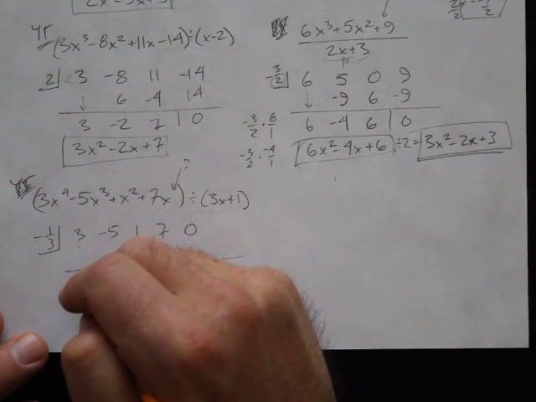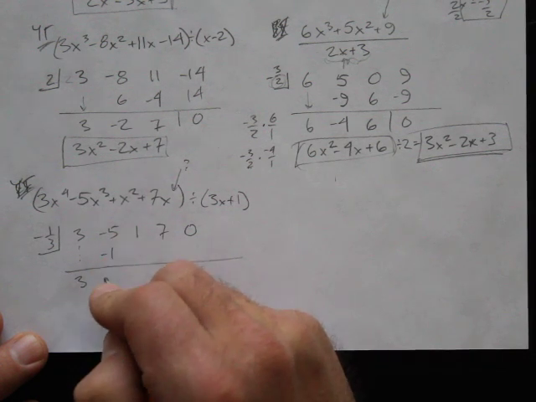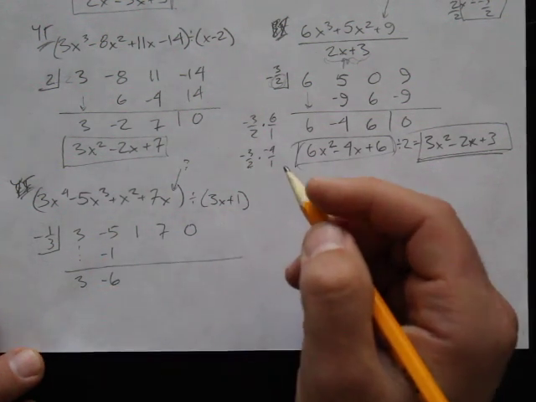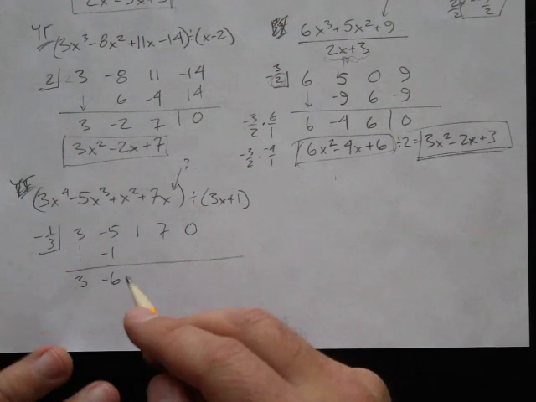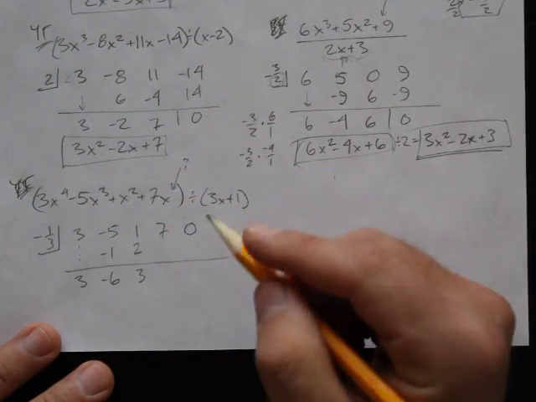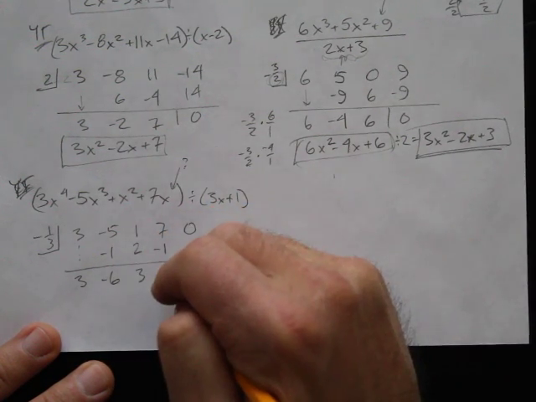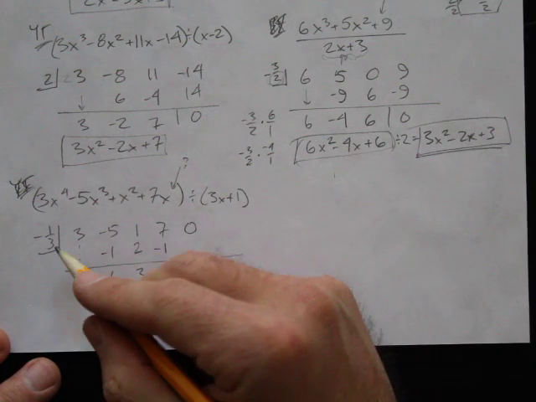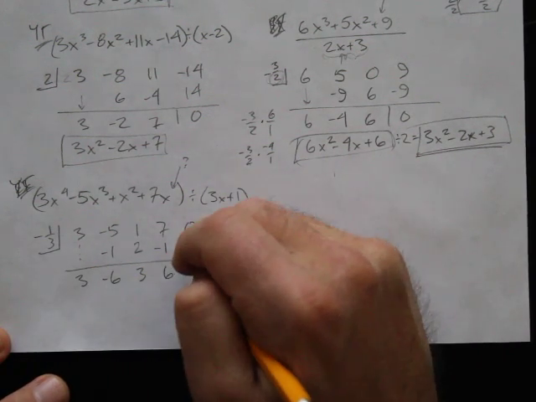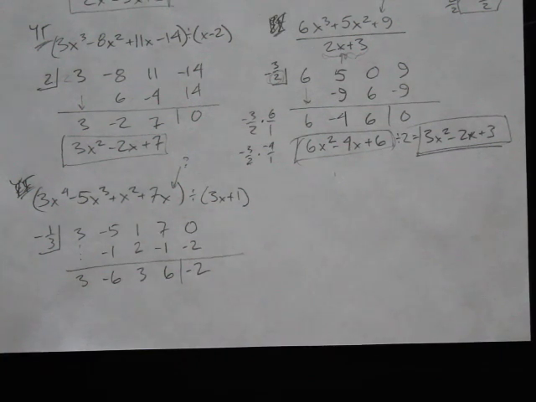All right, bring my 3 down. Negative 1/3 of 3 is negative 1, get negative 6. Negative 1/3 of negative 6 is positive 2, so that'll give me 3. And then negative 1/3 of 3 is negative 1, that'll give me positive 6. Negative 1/3 of 6 is negative 2, so I have a remainder of negative 2.